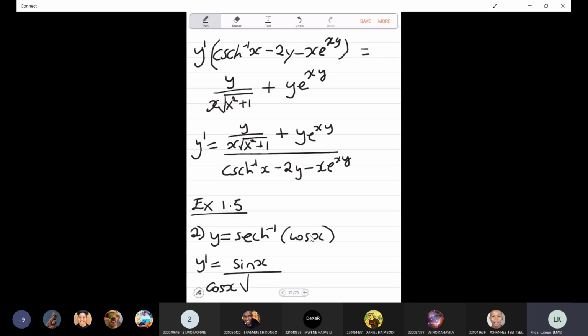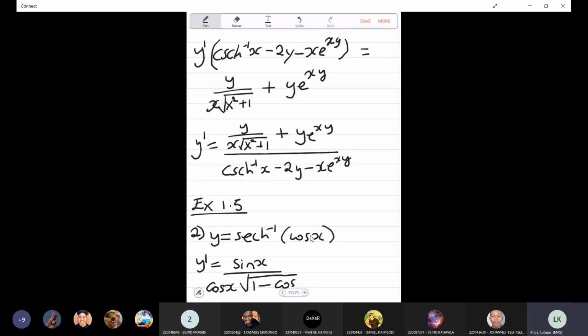Then the square root of 1 minus f of x squared. So we have 1 minus f of x squared.